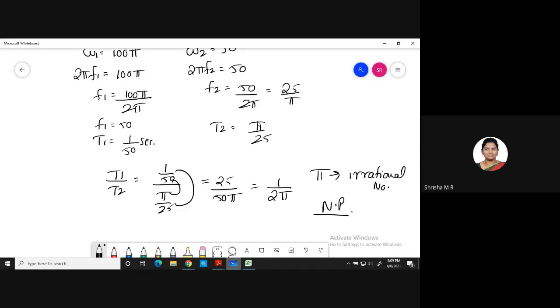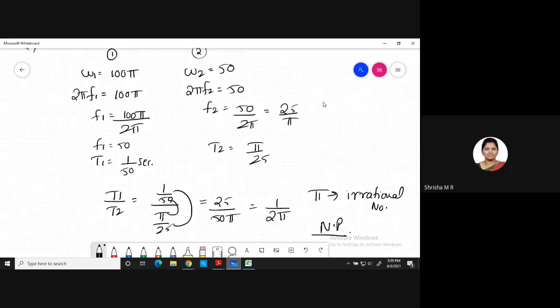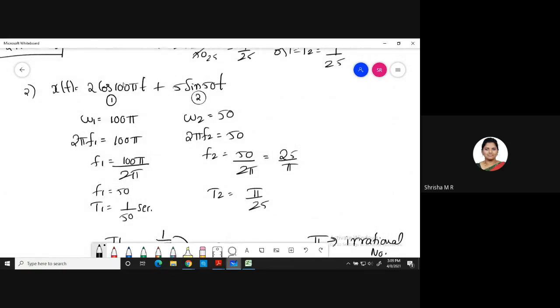Remember, in the previous case we got a rational number when we took the ratio of T1 and T2. So if you come across a problem like this, if you have omega in the form of pi, then that signal will be periodic. If you have omega as a function of pi, then it's periodic.